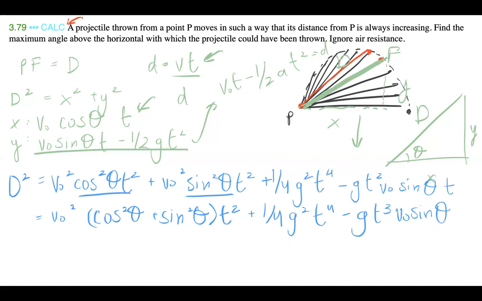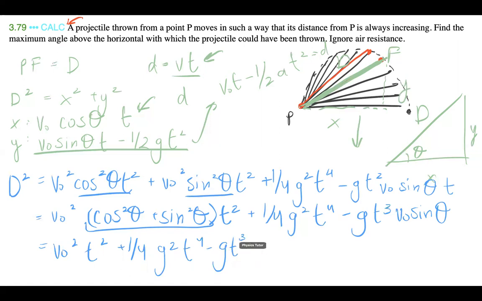Okay. Well, this we know is 1. So we're left with v naught squared t squared plus 1/4 g squared t to the 4 minus g t to the 3 v naught sine theta. Okay, and that's d squared.